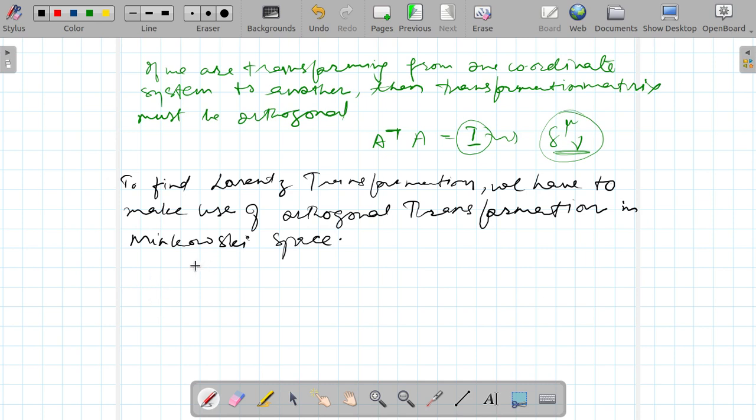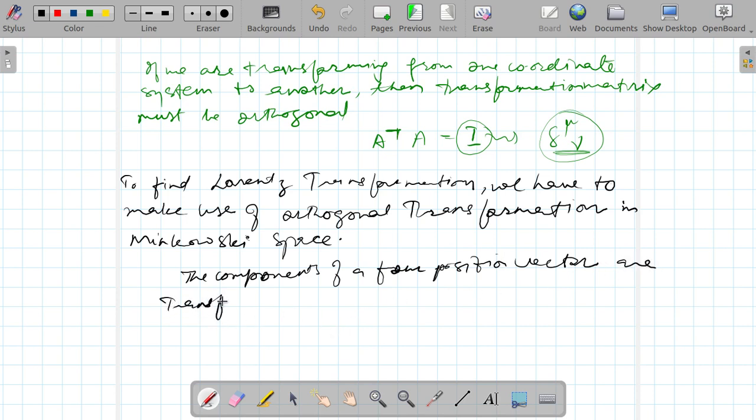And the components of a 4-vector are transformed according to a relation.